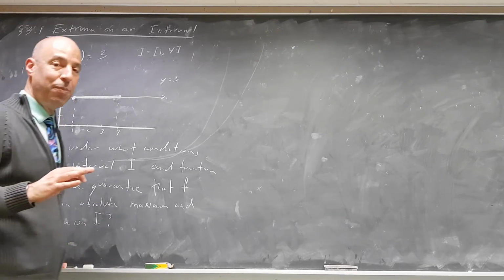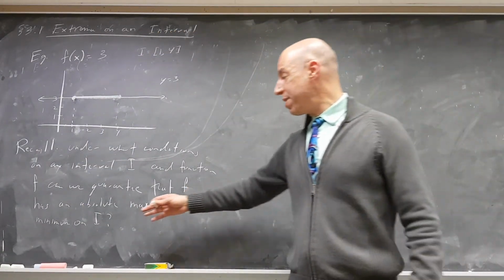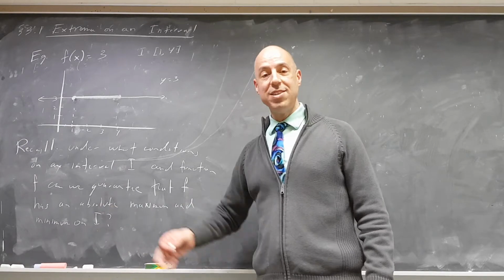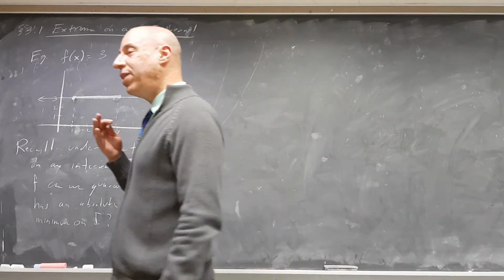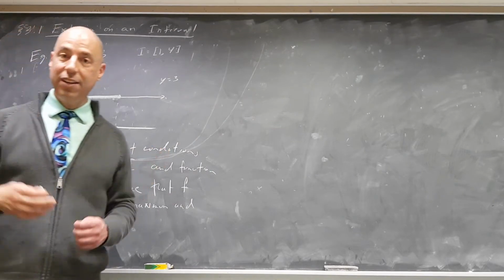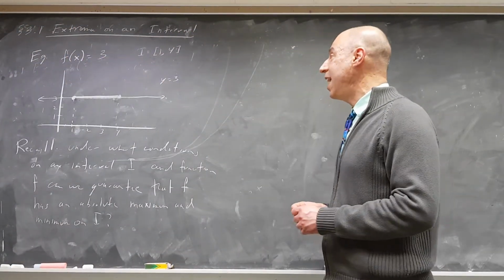And after the examples last time, I think you have some idea. There has to be some things true about I, and there has to be some things true about f. If you're not clear on the examples that we did at the end of last class, an advantage of the videos is you can just go back and look at that video again, at least the end of it.